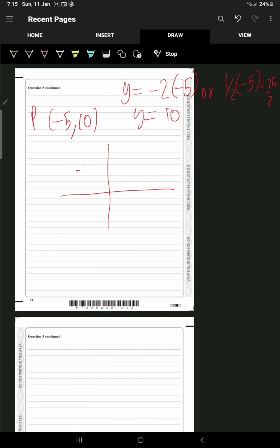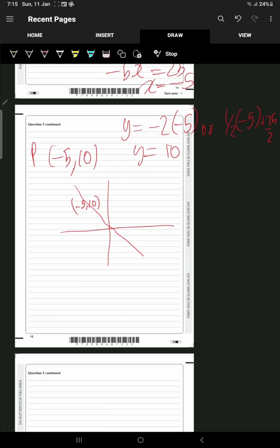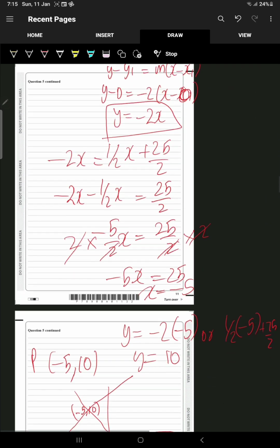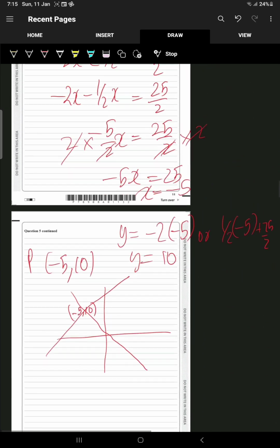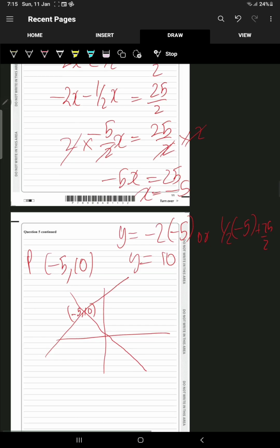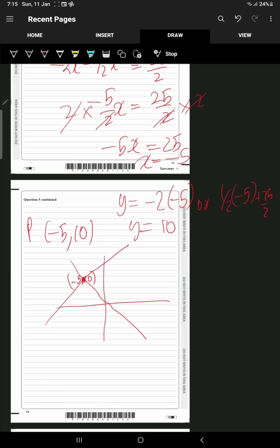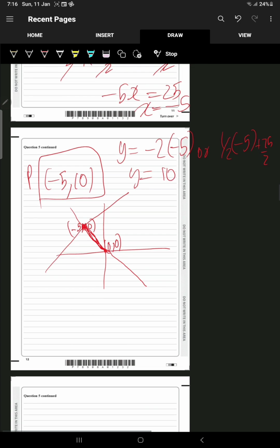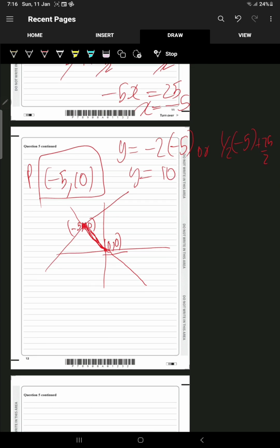So we have minus 5, 10, and this is the line from L1 to the origin. We have to use this point and this point to find the shortest distance to the origin.